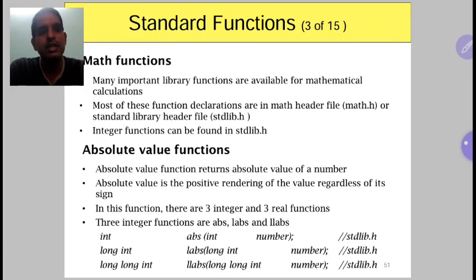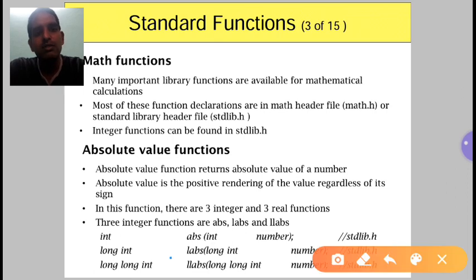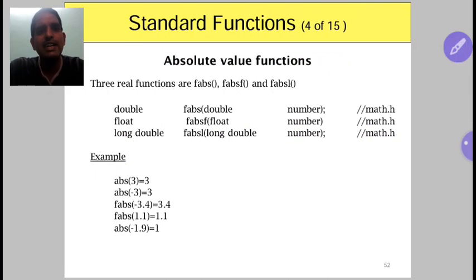Just use abs, or labs to perform the long integer absolute value, or for long long ints we'll use llabs, and for real ones we'll use fabs for floating point or double values.